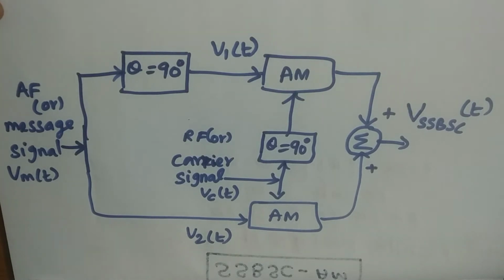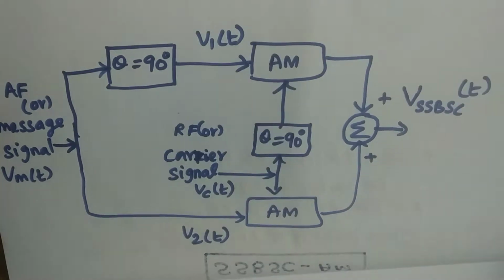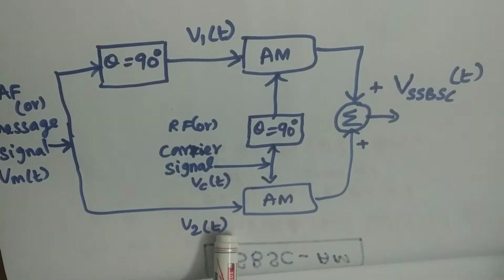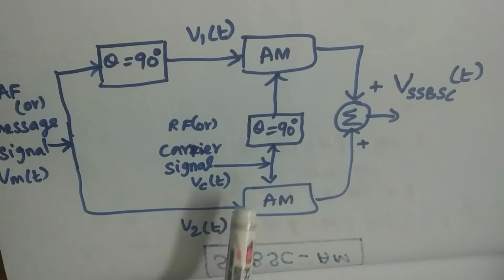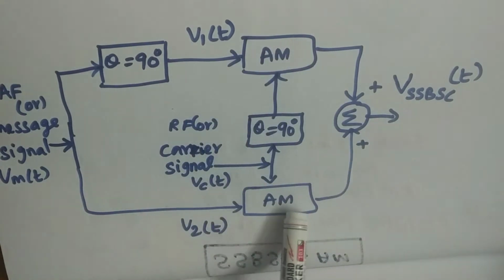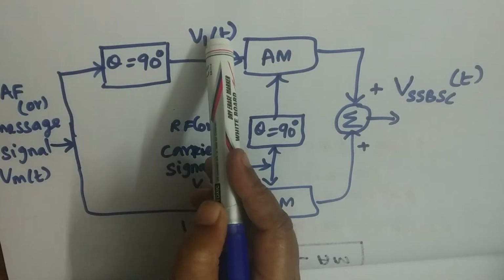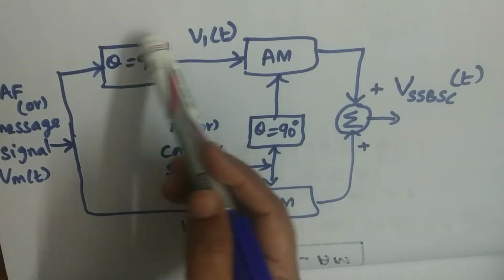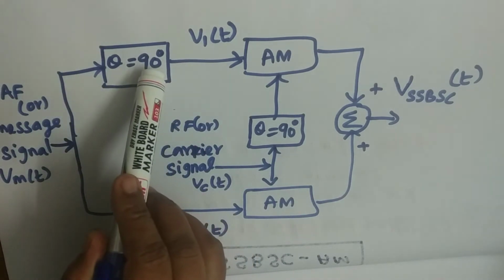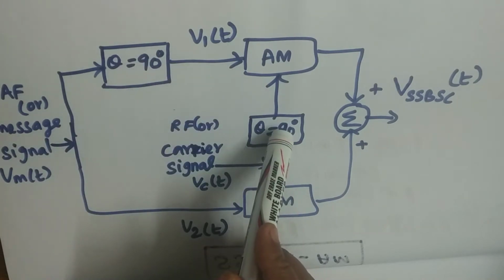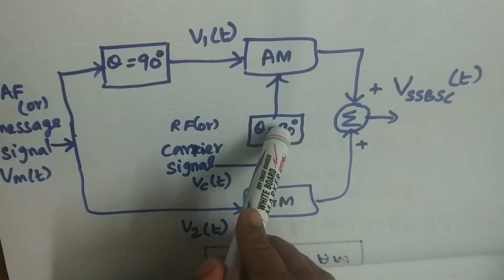Next, we have to write the mathematical representation for SSB-SC amplitude modulation. In this diagram, V1 of t and V2 of t represent the input signals for the upper modulator and lower modulator. V1 of t is the multiplied version of the 90-degree phase shifted message signal and the 90-degree phase shifted carrier signal.